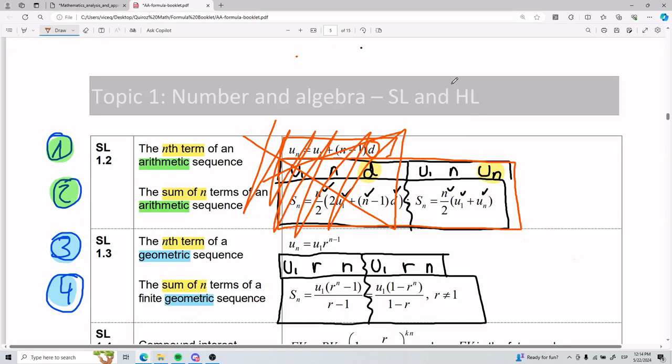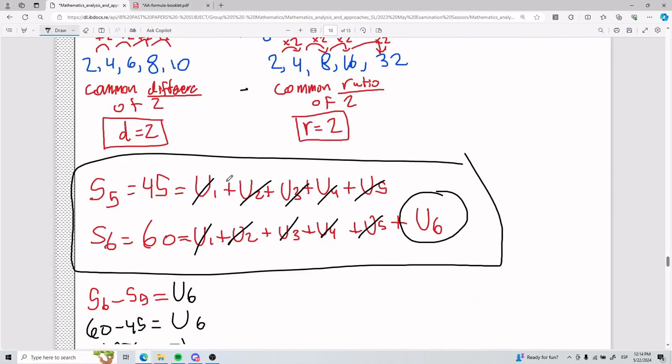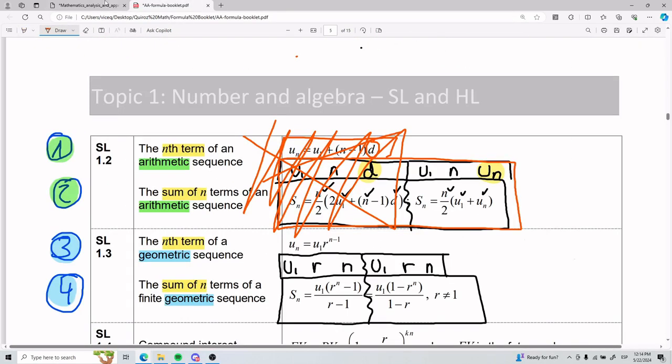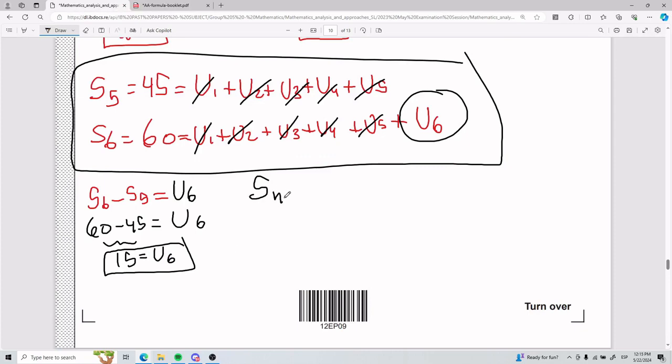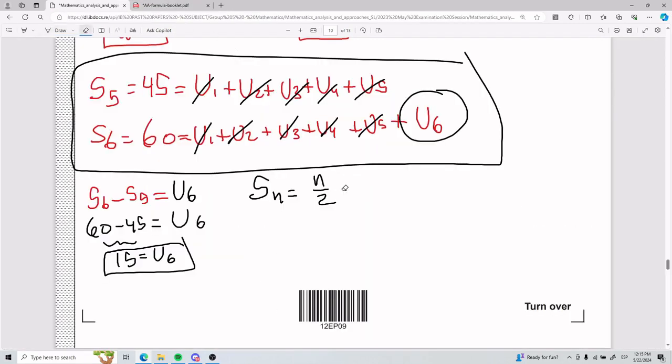You only have one remaining option, this formula on the right side. You don't have u1, but you have everything else, as you're about to see. So that formula from the formula booklet is S of n equals n divided by 2 times parentheses, my bad.